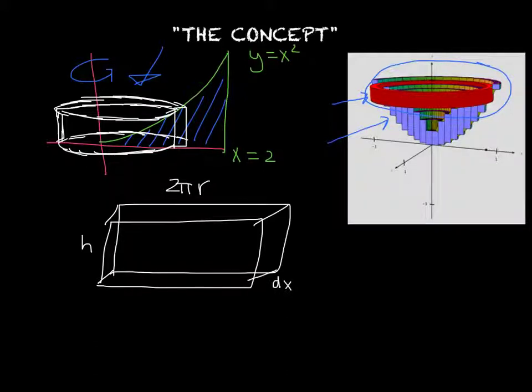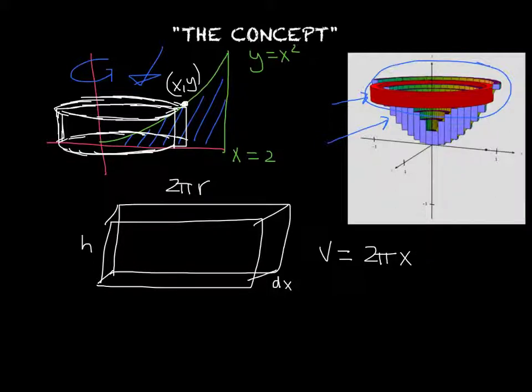If we call this point on the curve (x, y), then the volume of that one cylindrical shell is going to be 2 pi, and the radius is simply going to be x, and the height of this shell is going to be y.